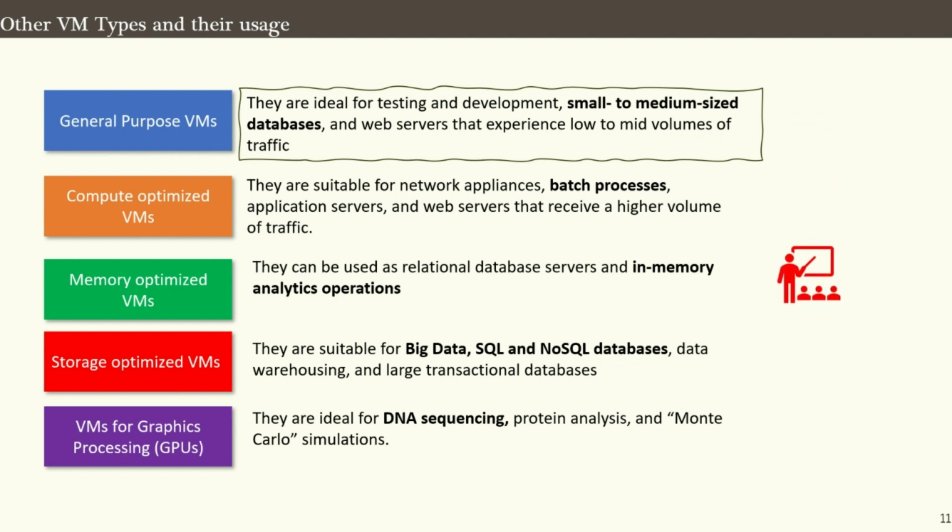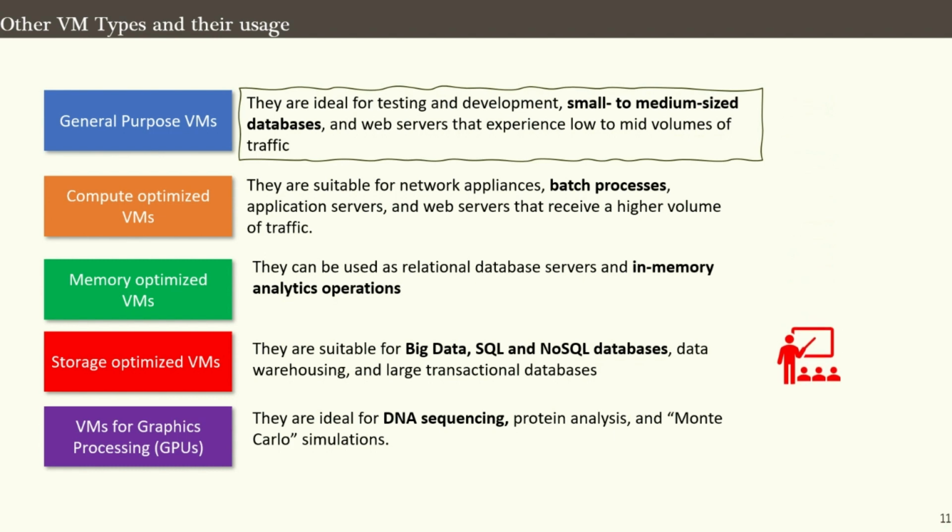The third one is memory optimized VMs, which offer high memory to CPU ratio. That is great for relational database servers, and also good for medium to large caches and in-memory analytics. It's ideal for extremely large databases or other applications that benefit from high vCPU counts and large amounts of memory.